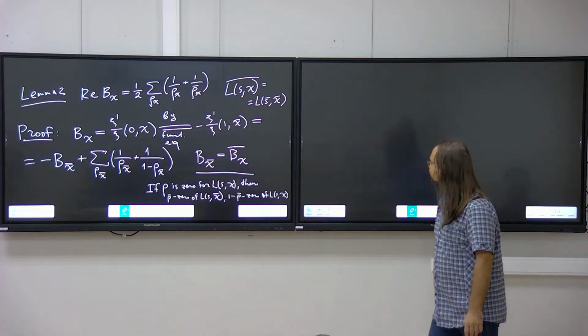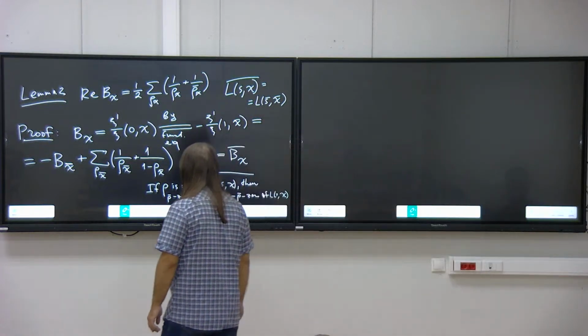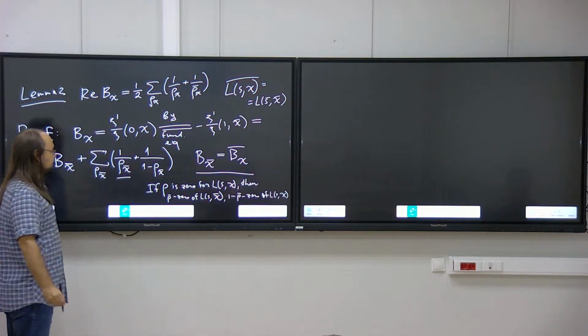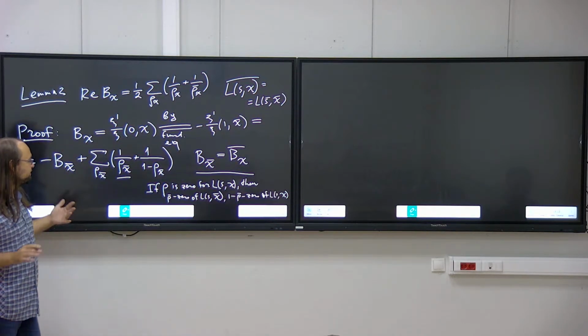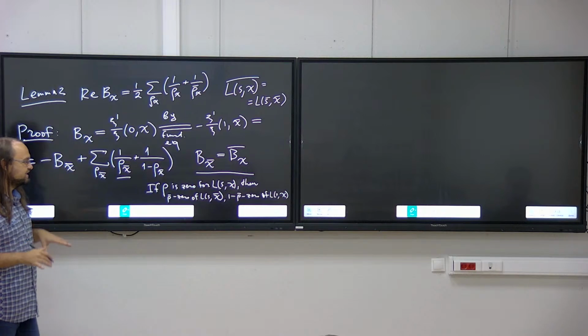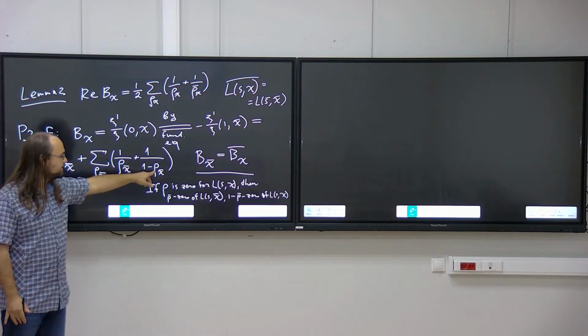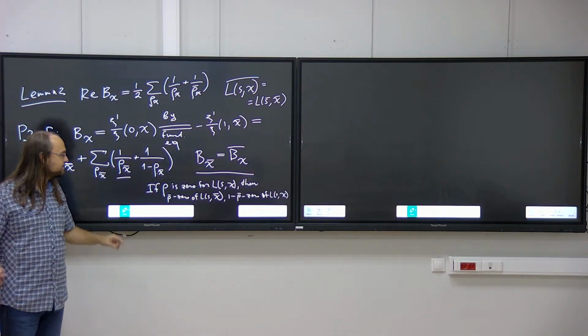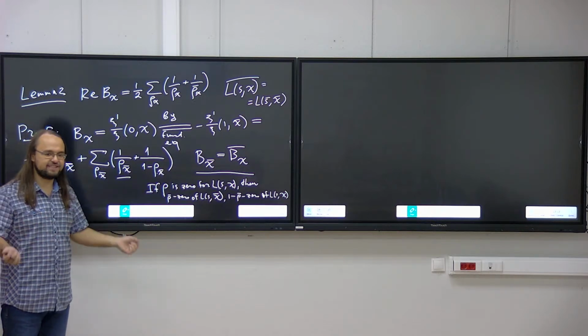So when rho chi bar runs over all zeros of L(s, chi bar), 1 minus rho chi bar runs over all zeros of L(s, chi).